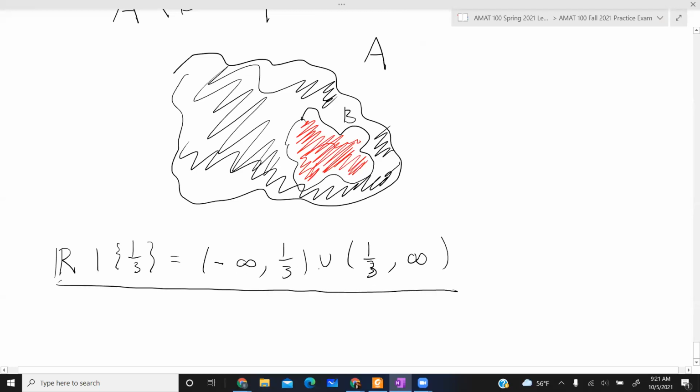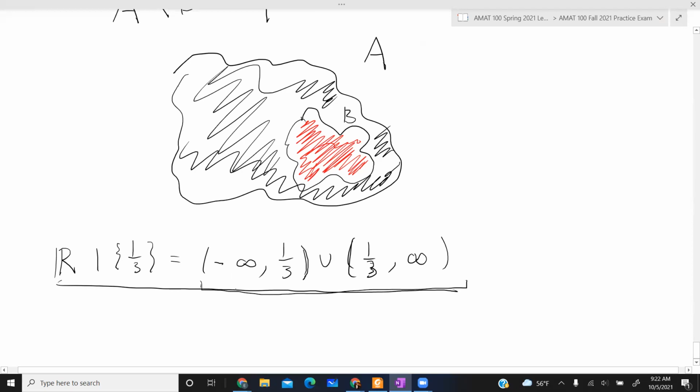Because the set on the right-hand side, by definition, R minus the set containing 1/3 is everything that's not 1/3. Well, this set right here on the right-hand side is just the same exact thing. It's everything on the real line, except 1/3. That's why I have these open parentheses right here, because I'm taking that point out. So that's all that means.